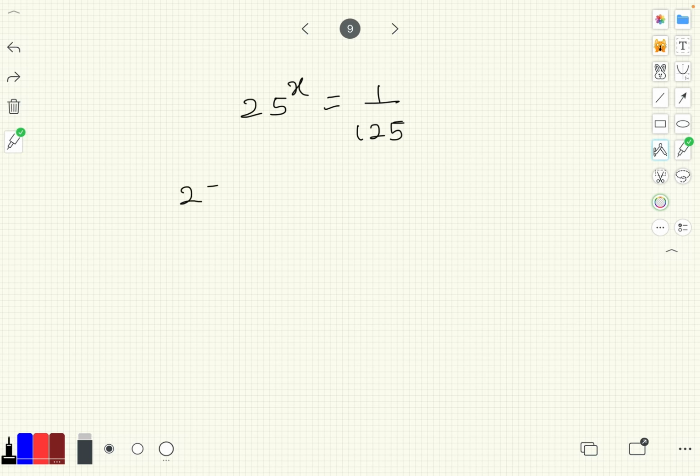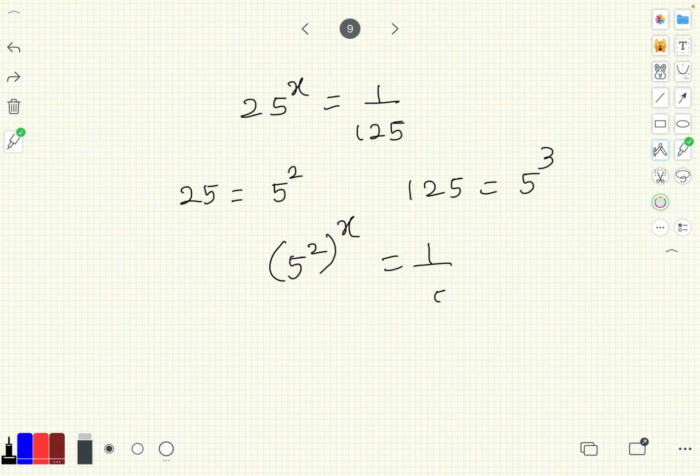So we're going to write 25 as 5 to the 2, and 125 as 5 to the 3. Now rewrite 25 as (5 to the 2) to the x, and 125, which is 1 over 5 to the 3. Since this is a denominator, write the reciprocal, which is equal to 5 to the negative 3.